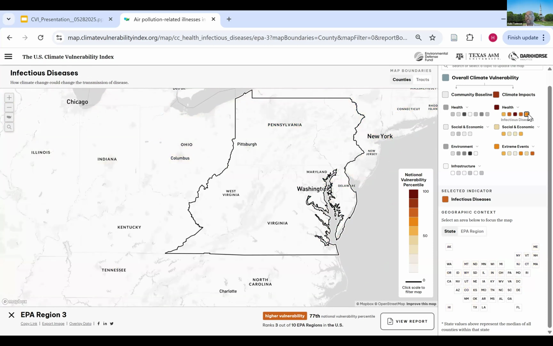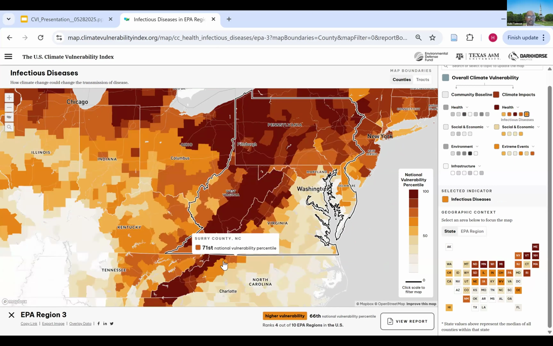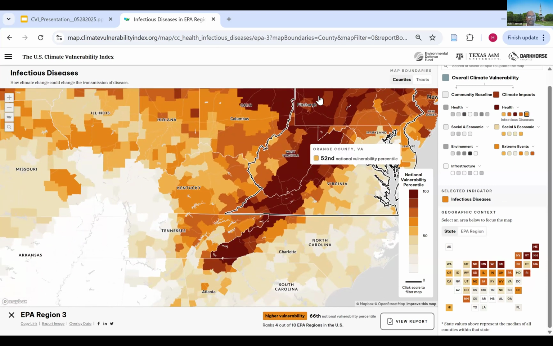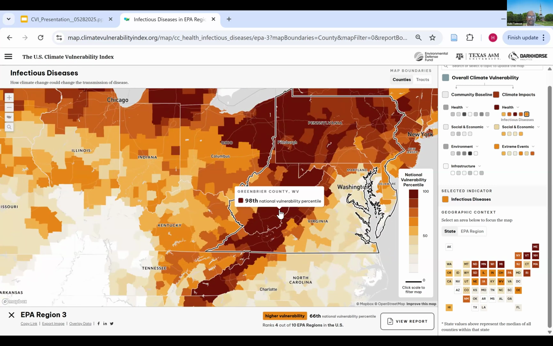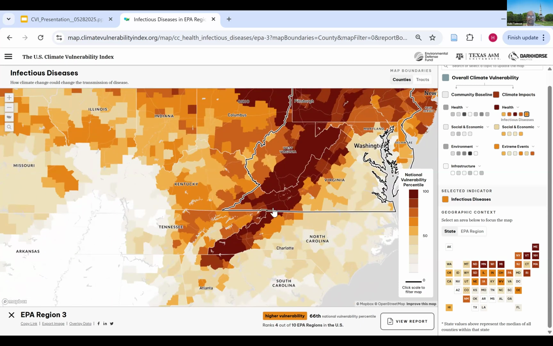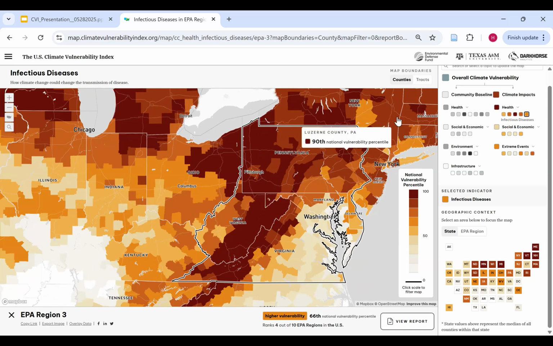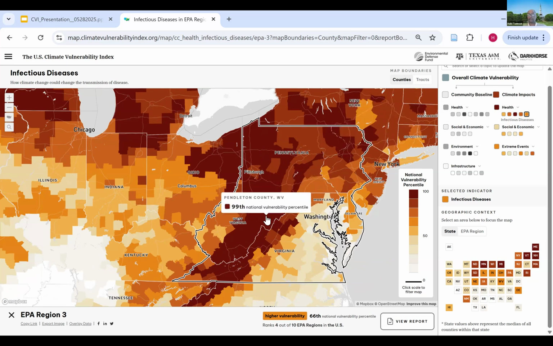And this is infectious disease. Okay, infectious disease. Wow, what's this? It's unique here. It's 98 percentile along this corridor. Yeah, part of that is Appalachia. Okay.